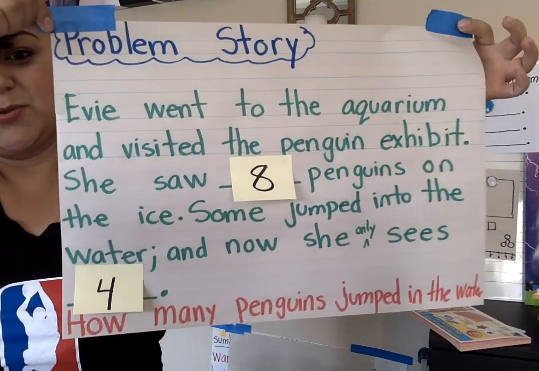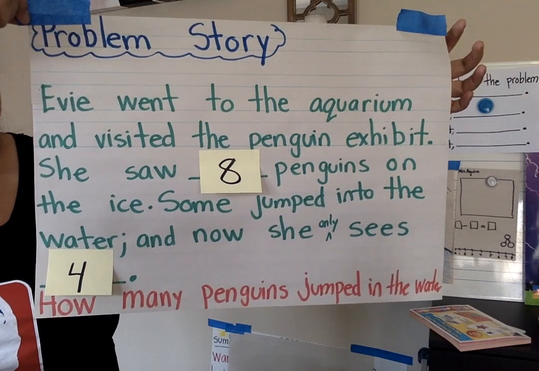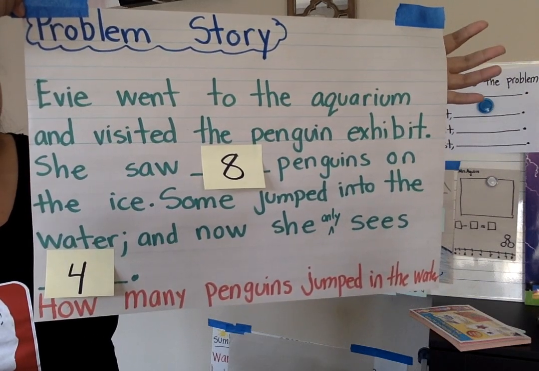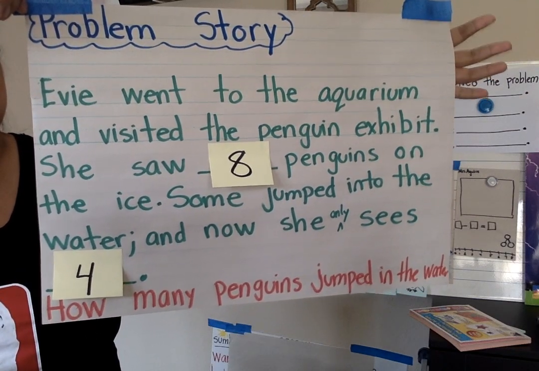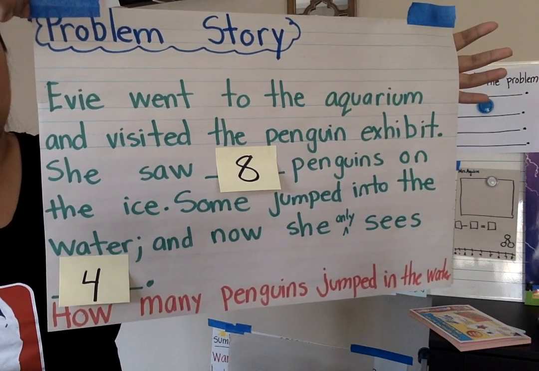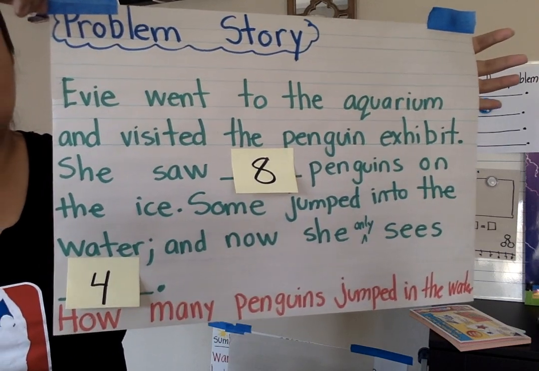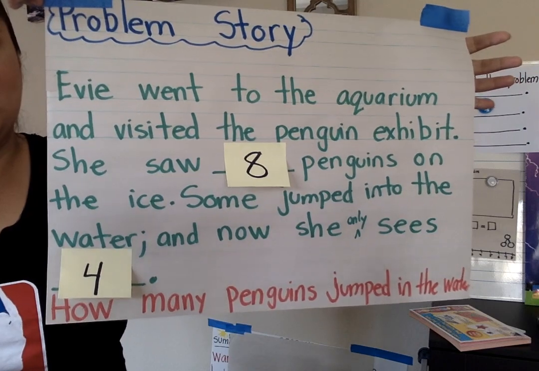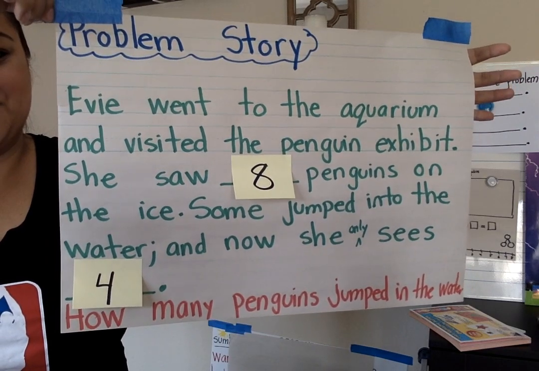Evie went into the aquarium and visited the penguin exhibit. She saw 8 penguins on the ice. Some jumped in the water, and now she only sees 4. How many penguins jumped into the water?